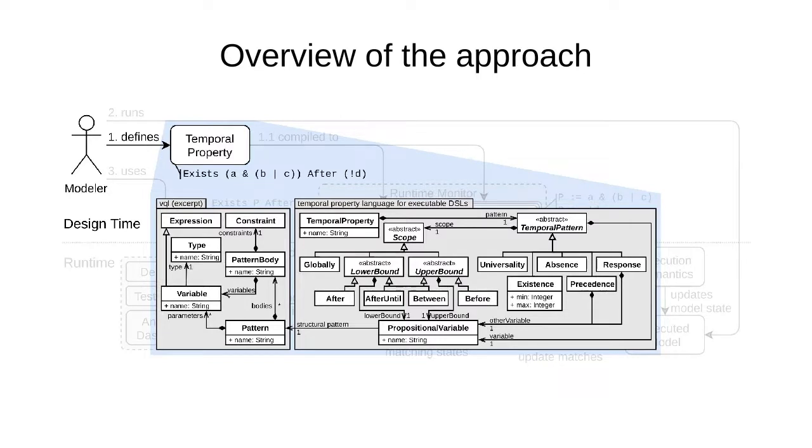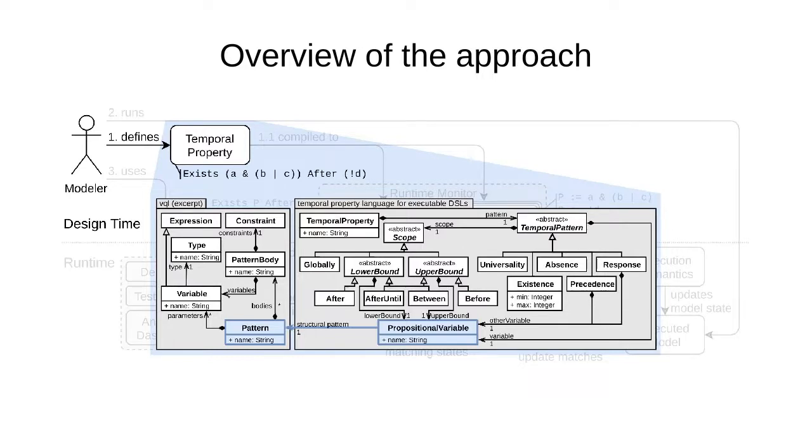Indeed, the patterns rely on intuitive temporal abstractions such as temporal scopes, allowing to define when during the execution we care about event patterns, and temporal patterns that allow to define which event patterns we are looking for within these scopes of interest. The VIATRA query language is used to express the structural aspects of the temporal properties.